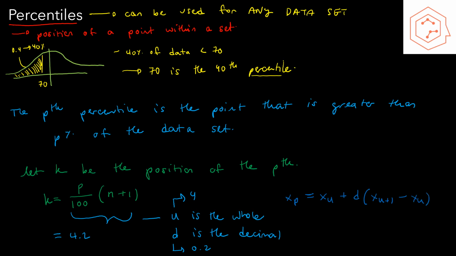So this might be a little hard to understand, so don't worry, we're going to do an example that'll make much more sense in a second. But for our specific example for 4.2, we'd select the 4th entry in the ordered set, of course, plus the decimal, 0.2 in this case, multiplied by the difference between the next entry, so the 5th entry, minus our current entry, x_4.